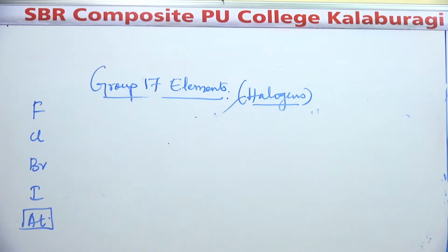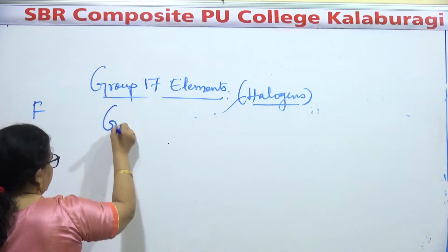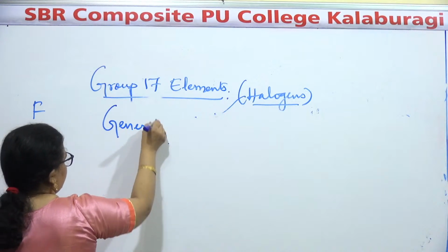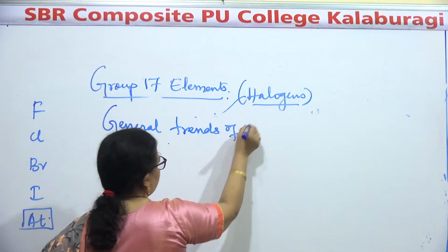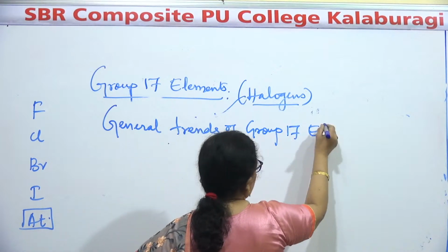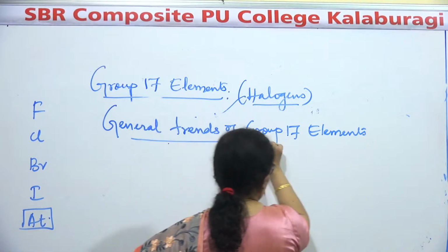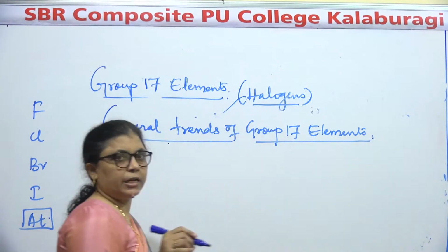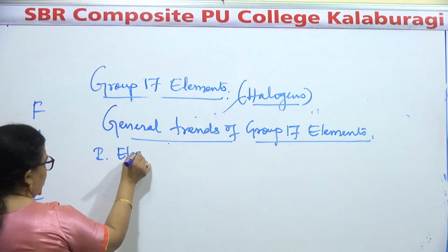Let us write the general trends of group 17 elements. The first one, electronic configuration.